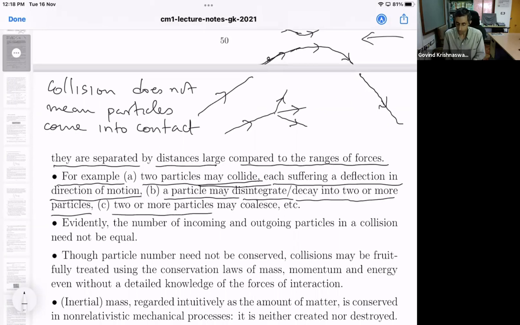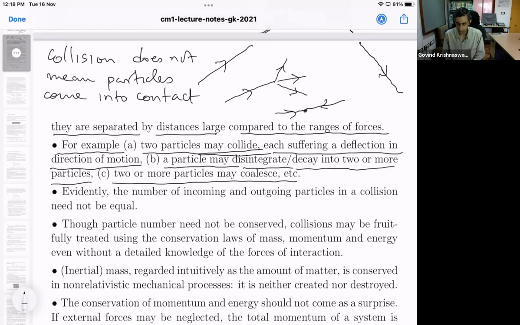Now, 2 or more particles may coalesce and form a bound state. So you may have a collision between 2 particles coming in, and then they join together and form some sort of molecule. Now, we are not obliged to have only 2 particles coming in. You could have 3 coming in, 5, etc.